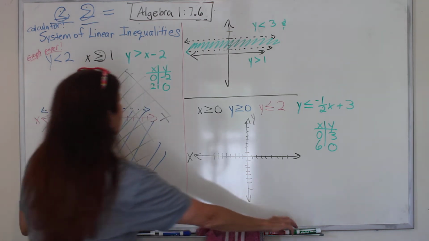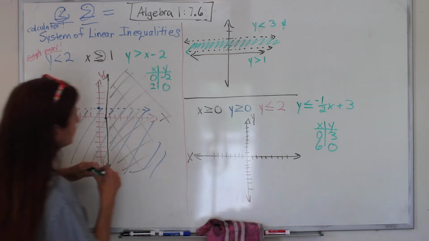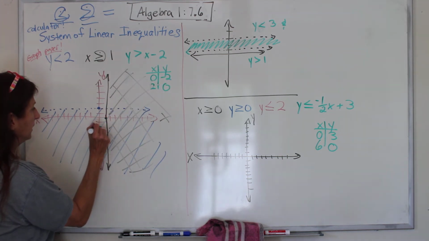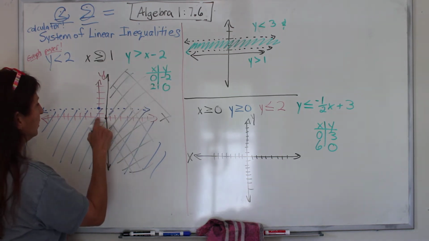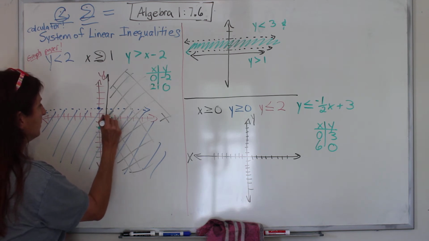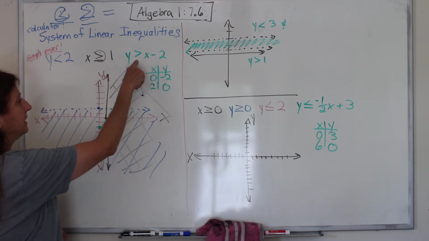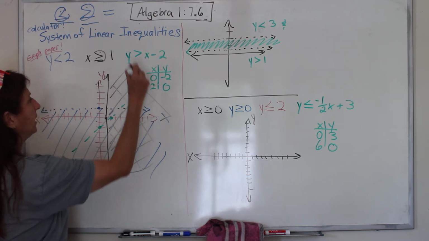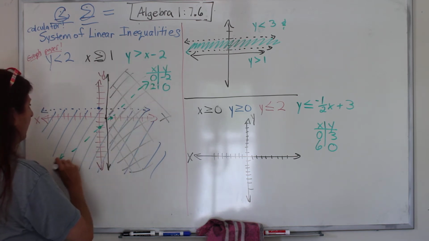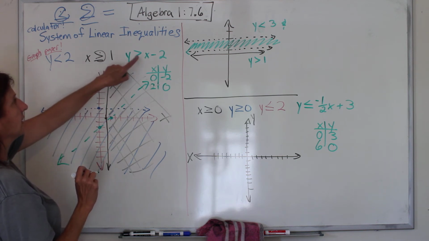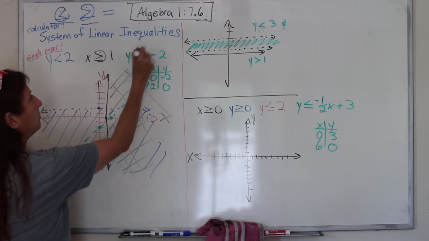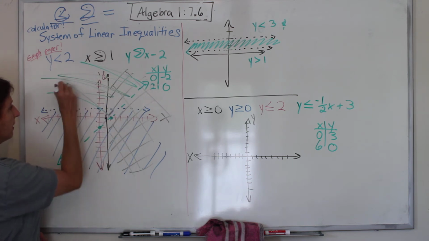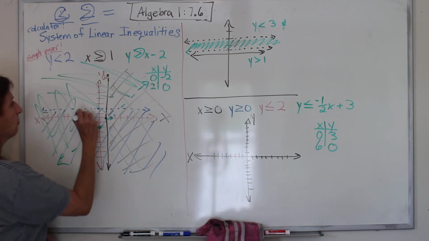So now I'm going to take my green one, and if x is 0, y is negative 2, put a dot. If x is 2, y is 0, put a dot. It's a dashed line because there's no or equal to. And the thing that gets colored is the greater side. See how Pac-Man wants to eat y? So I colored this part. Everything on the top of this line, not the bottom.